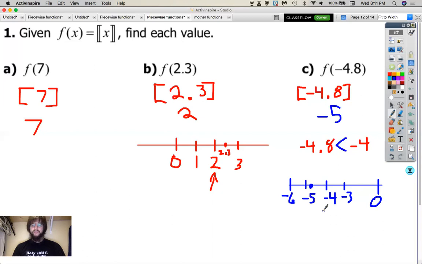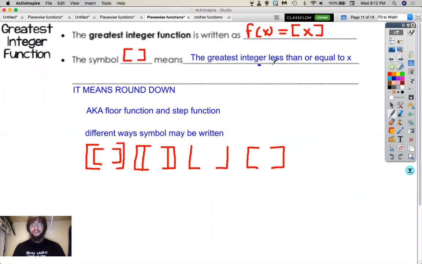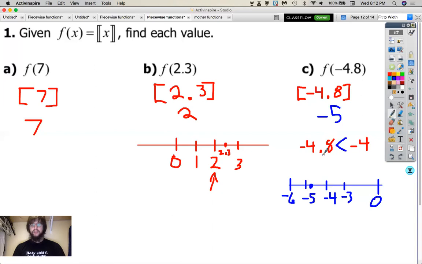So what's the greatest integer that is less than or equal to negative 4.8? We have to go to the left. That's where the small numbers are. We can't go to the right, that's bigger. So that's negative 5. Okay, calm down. It's okay. Don't panic.